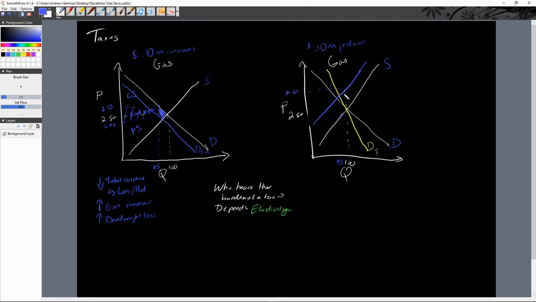So what happens now is that we're at a new equilibrium point right here. Actually, you know what? We're going to cut all this and restart this. We're going to redo all this real quick because this does not work very well with two demand curves.